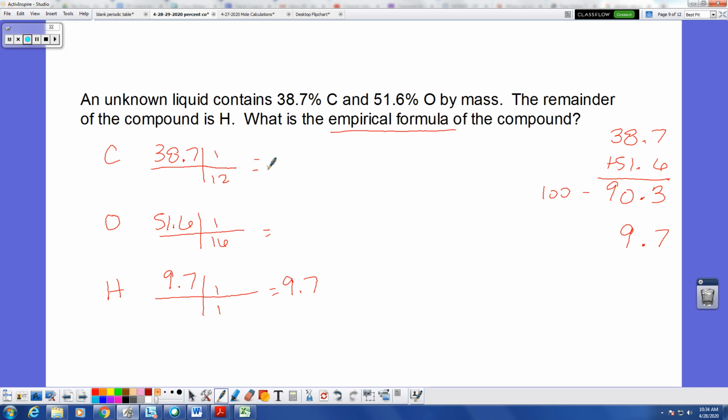This one is 3.225. This one is 3.225. Okay, so we divide all of them by the smallest. We cross our fingers that we get whole numbers for everything.